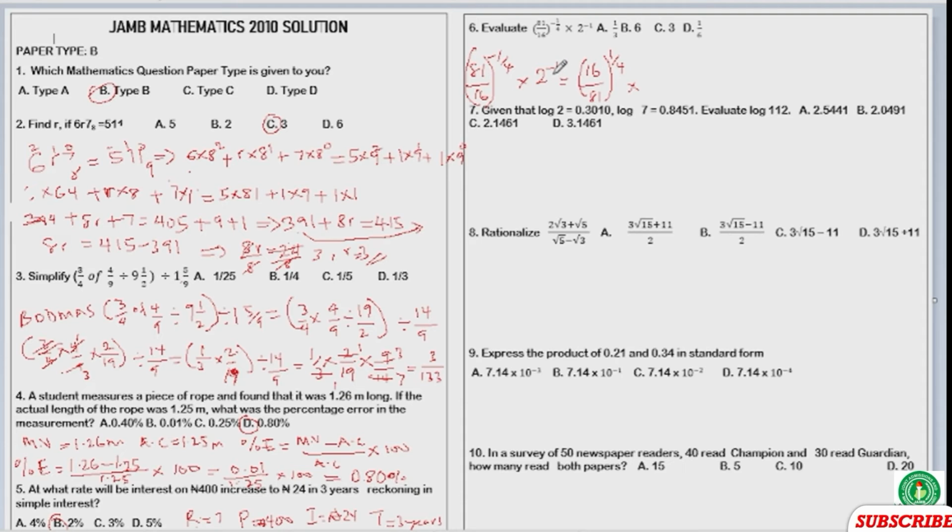The same thing applies here: 2 raised to the power minus 1 becomes 1 over 2 raised to the power 1, and 2 raised to the power 1 is just ordinary 2. So 1 over 2 raised to the power 1 eventually gives us 1 over 2.